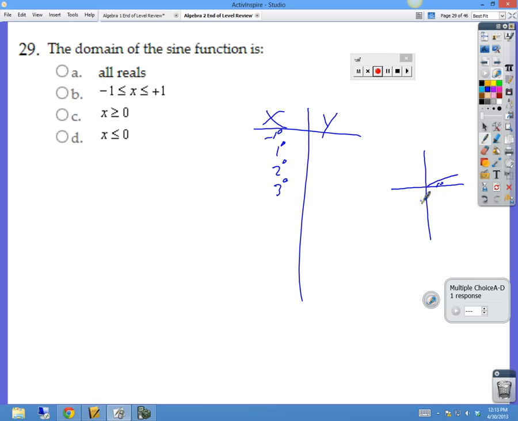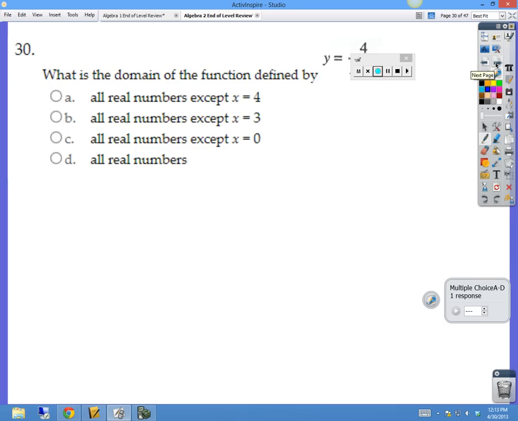This, you start the other way, you rotate. This is a negative 1 degree angle. So is there anything you cannot take the sine of? Can I take the sine of a 2,455,682 degree angle? If you want. So I can take the sine of anything I want to. All reals, any number.